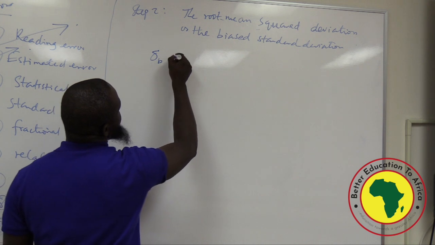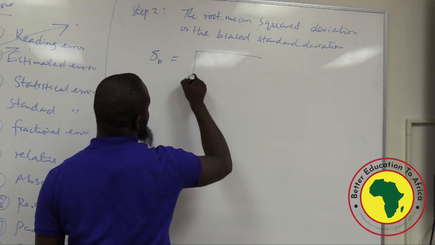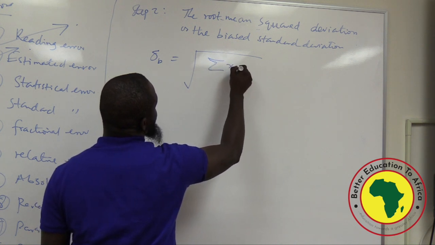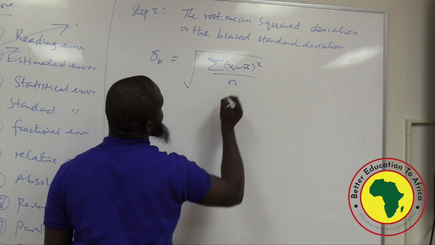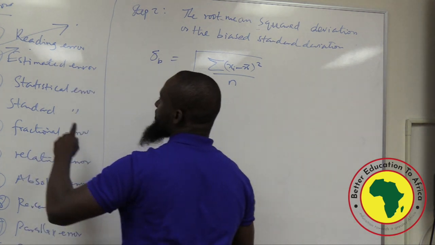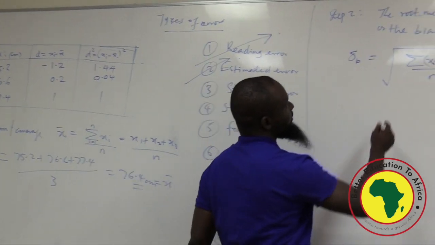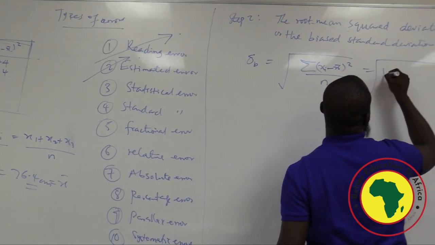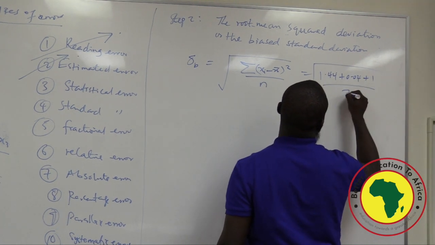sigma b, sigma bias. It's actually the square root of the sum of (x minus x bar) squared, divided by n. So I sum the squares: 1.44, 0.04, 1. The square root of 1.44 plus 0.04 plus 1, divided by 3.